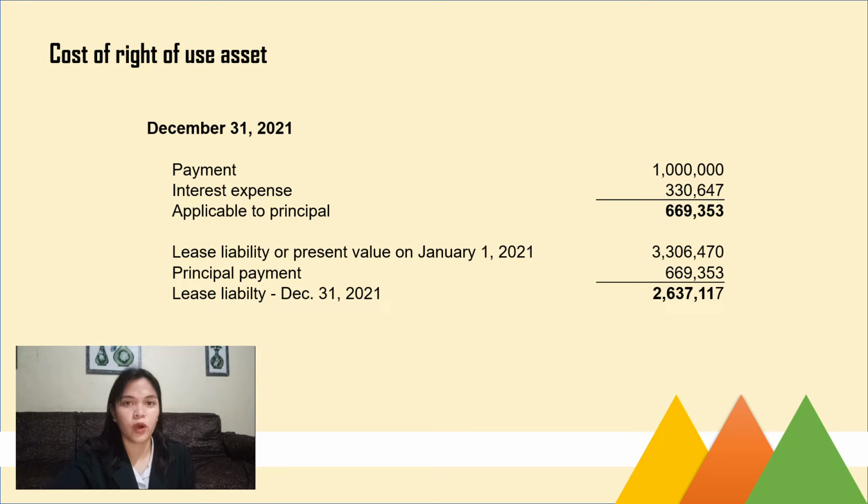Then, to get the lease liability for December 31, 2021, we subtract the principal payment from the lease liability or present value on January 1, 2021. So 3,306,470 less 669,353 is equal to 2,637,117.